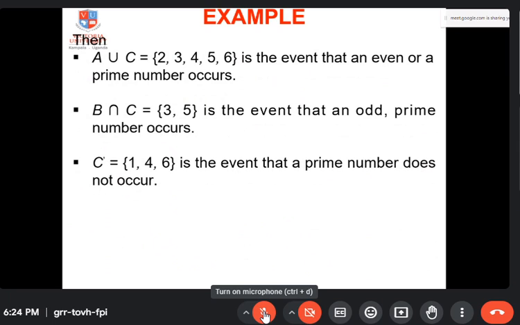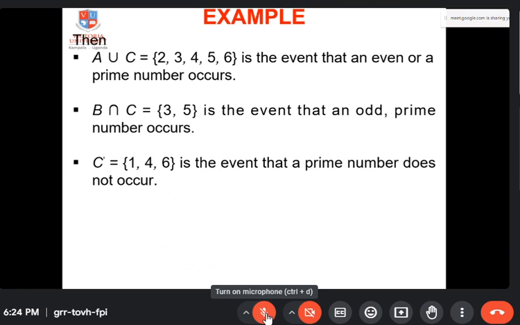Okay. So we can have set operations. For example, you can talk about A union C. You can talk about B intersection C. Or you can talk about C complement. A union C, that is an event that you get an even number or a prime number. Remember, if we are using the word or, that means a union.